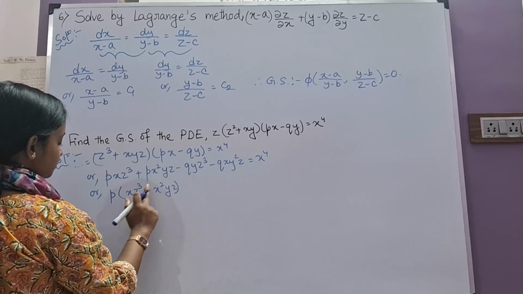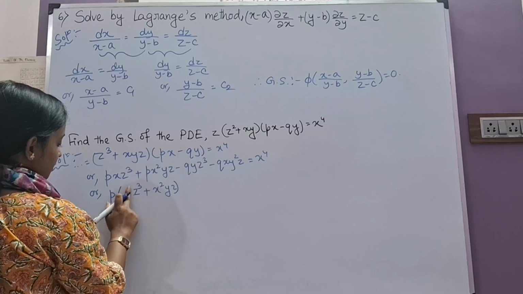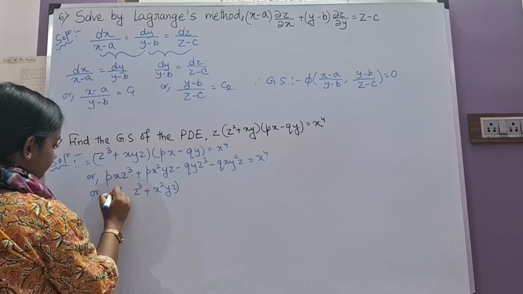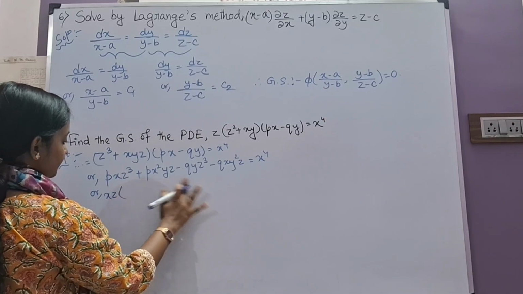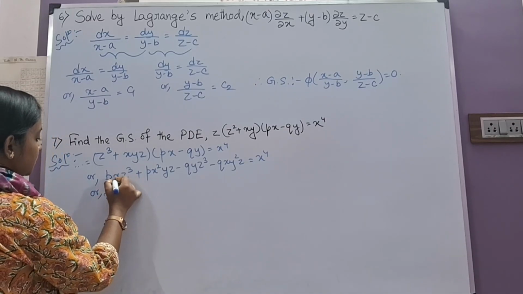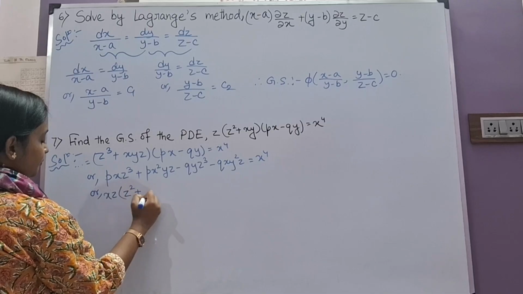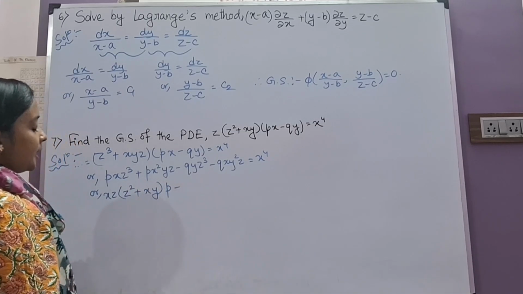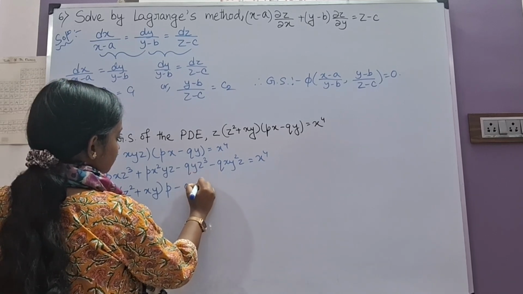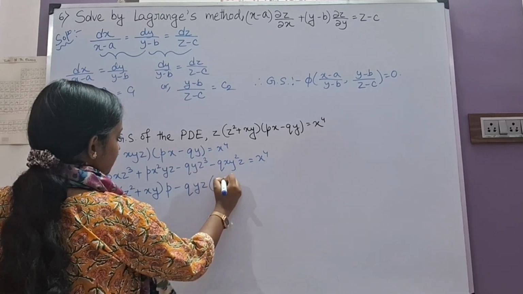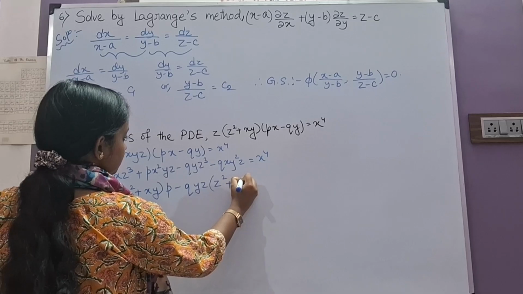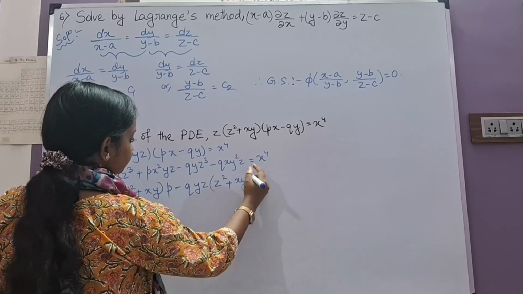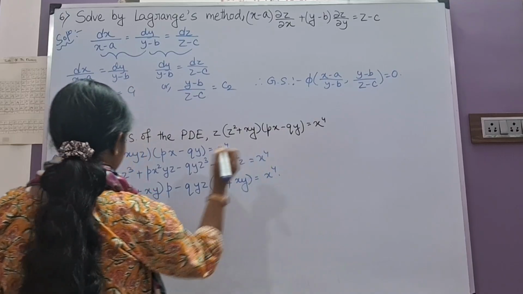So here we can take x and z as common. Within the bracket what we are left with? (z squared plus xy) into (px z minus q y z) into (z squared plus xy) equal to x to the power 4.